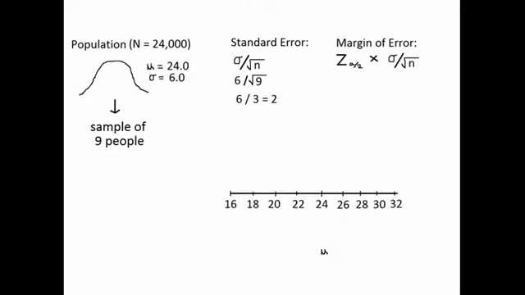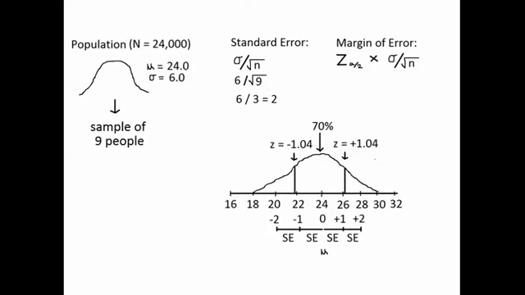When the standard error goes down, the sampling distribution moves inward, like it did here. It becomes less spread out. Notice how each of these bars is now really small. And when the sampling distribution is normal, it's always true that this area is the middle 70%.